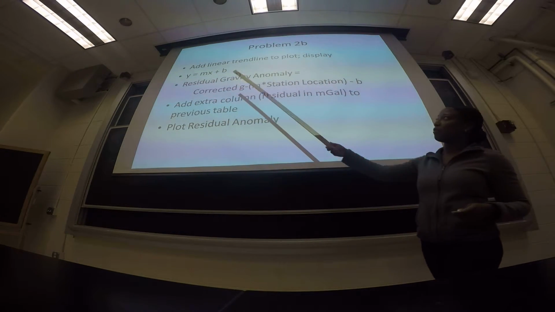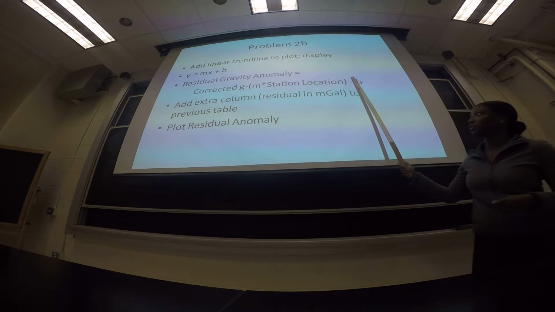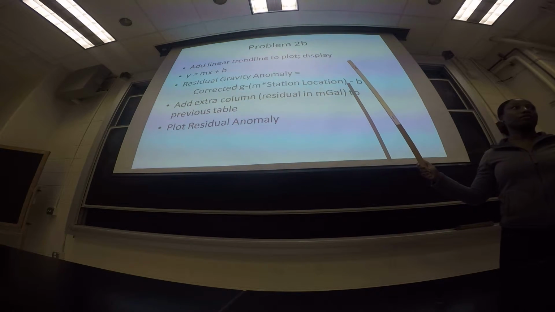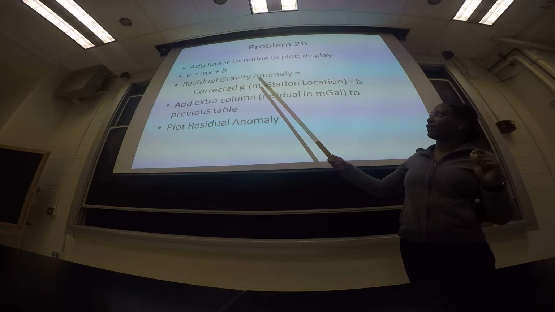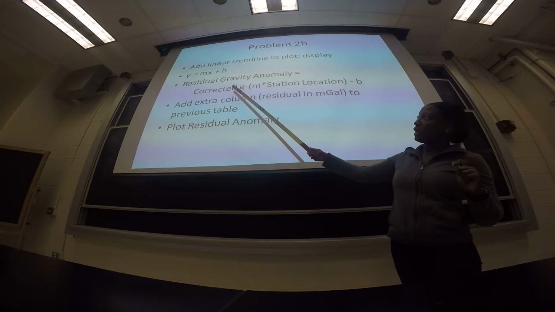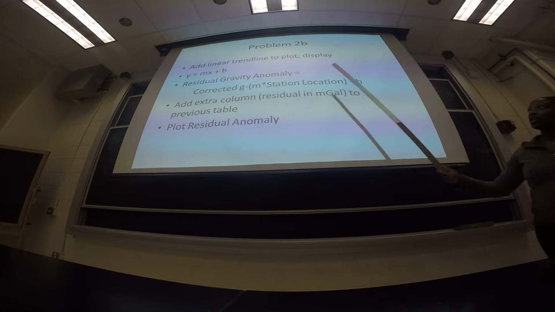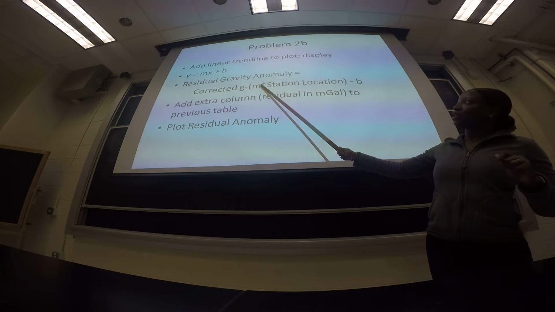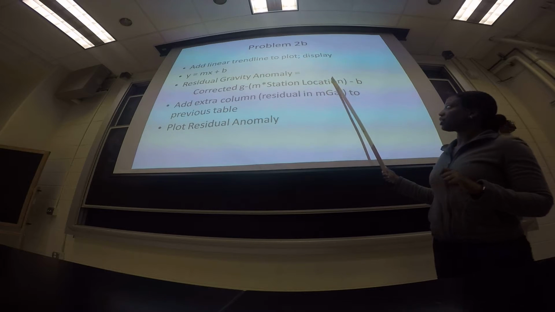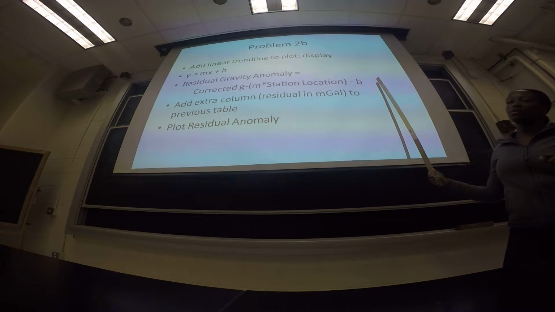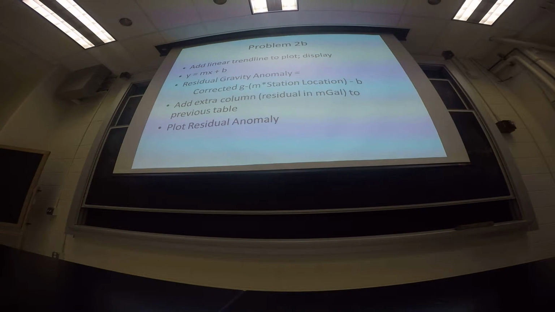This is a formula you guys need that I don't think was given to you in class in order to solve part B of problem 2. You get your value of the corrected g from the previous figure. Now you subtract your slope m times the station location, and then you subtract the y-intercept.